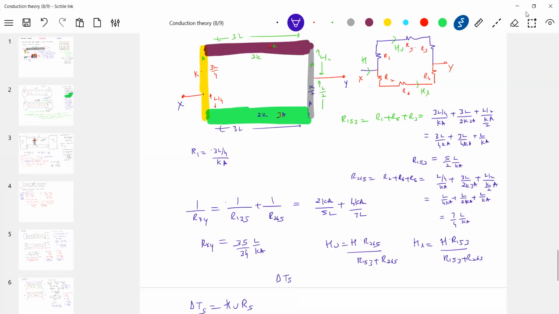Delta T5 is equal to, similarly, what is the temperature difference across this rod R6? So delta T6, you can write it as HL by R6. Like this, we can determine the temperature difference across individual elements also from this. I think these are the types of questions which are just based on Ohm's law, series parallel. Those ideas, if you apply, you'll be in a better position.